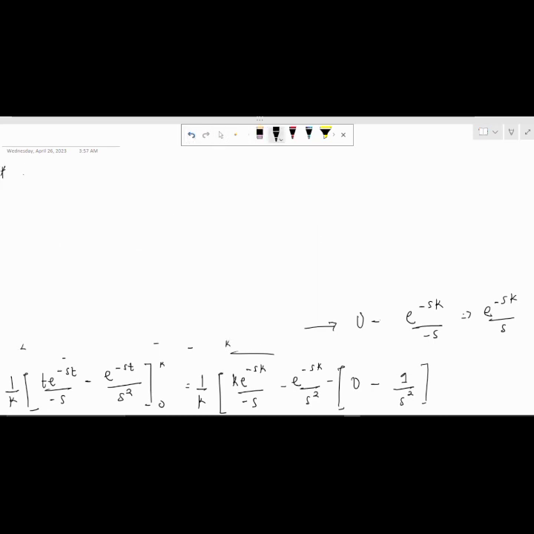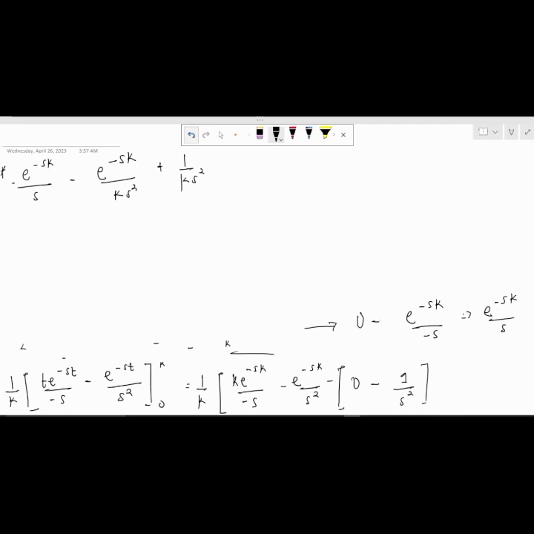We have e raised to power minus sk over minus s. So let me just put this here, minus, and then we have minus e raised to power minus sk over k s squared. Then we have plus 1 over k s squared.